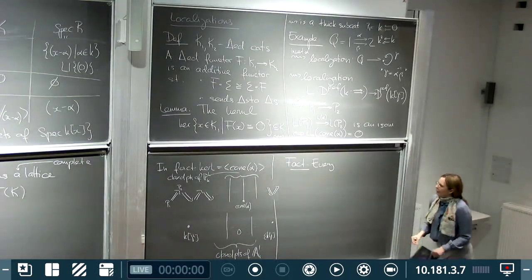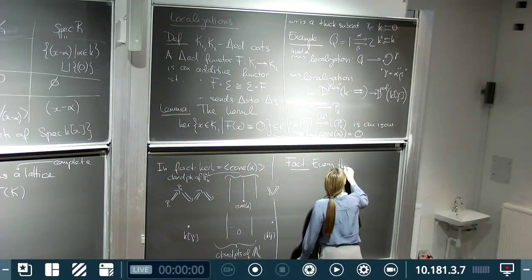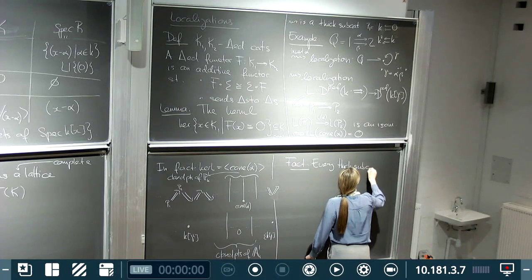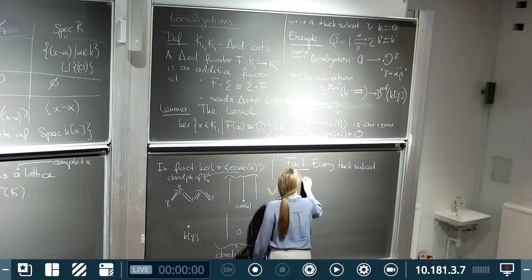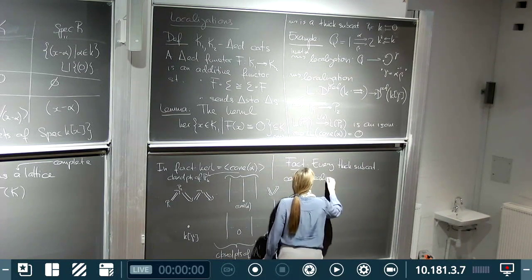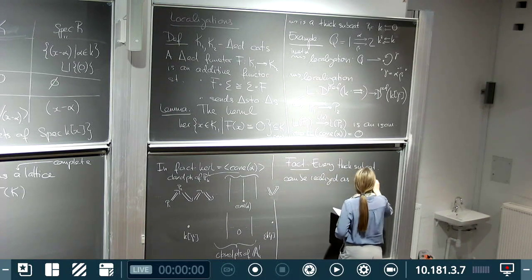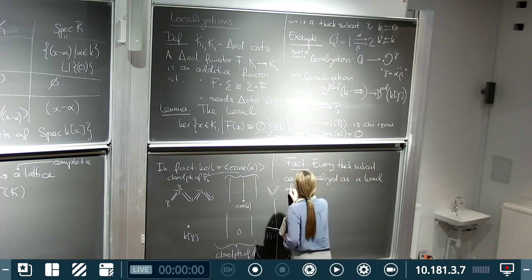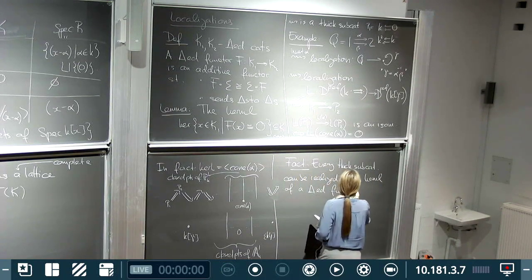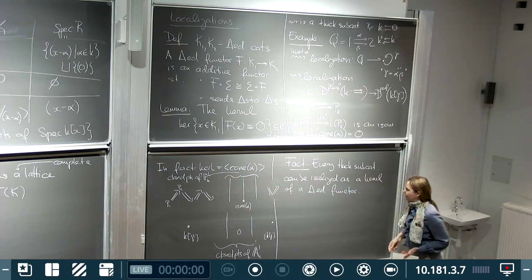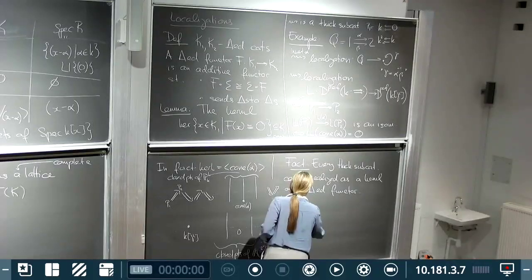All right, so the fact is also that every thick subcategory can be realized as a kernel of a triangle functor. And what you're going to do is you're going to take the Verdier quotient.